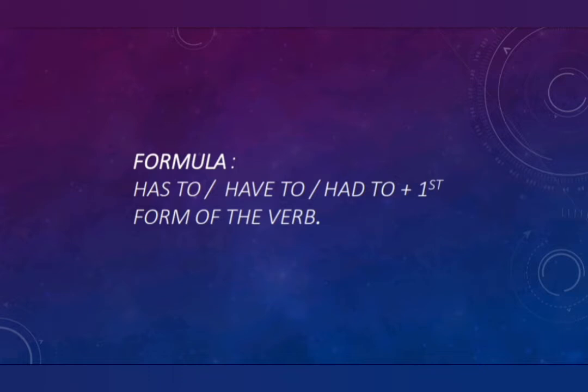I is the subject, have to is the modal, go is the first form of the verb, and to the market is the object. In the same way we can use the first form of the verb with has to and had to also. Like, she has to go to the market, they had to go to the market.